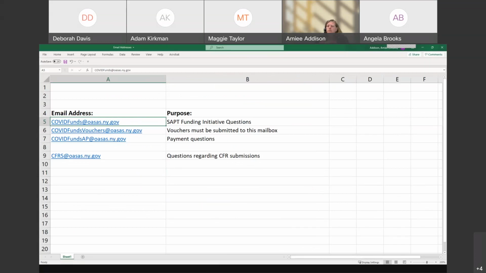The next question is, are SAPT workforce and infrastructure included with a funded program's monthly advance? And the answer is no. It's paid separately. The next one is, how should these grants be reported on the CFR?